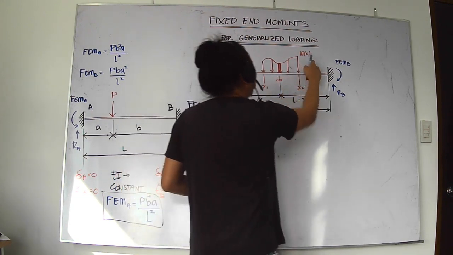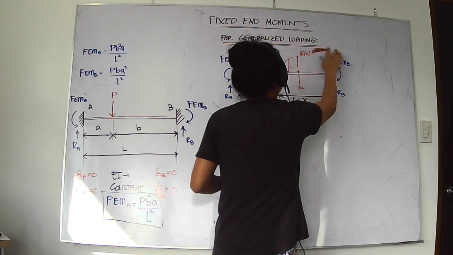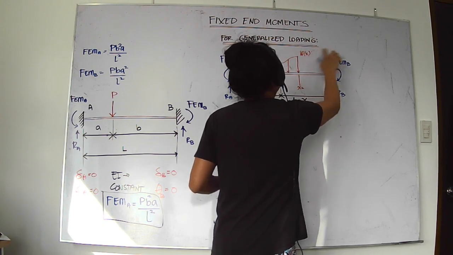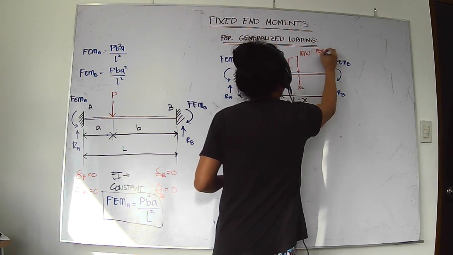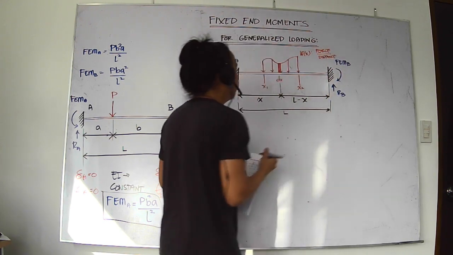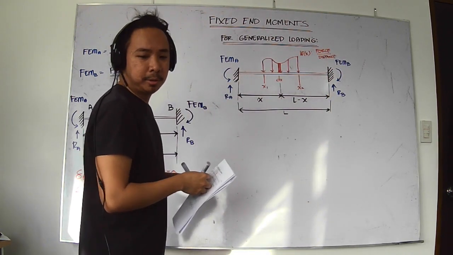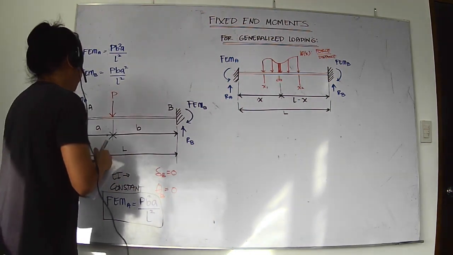We already know that this is load, or force. The unit is force over distance. That is the definition of distributed load. Force over distance. So this P here is force.